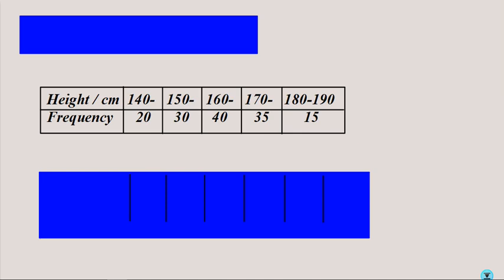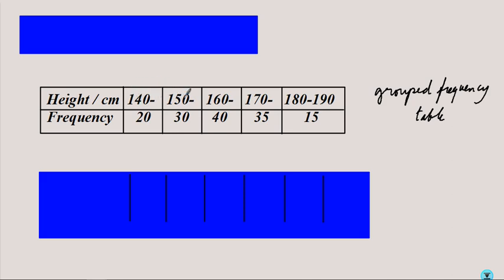This set of data representing the heights of club members is presented in what is called a grouped frequency table. As you can see, there are frequencies, and the height is presented in groups, in intervals.